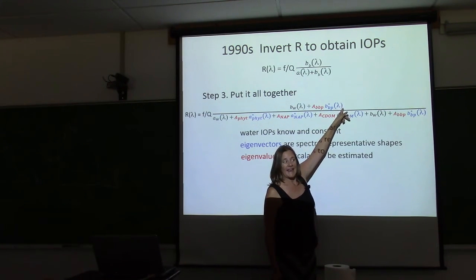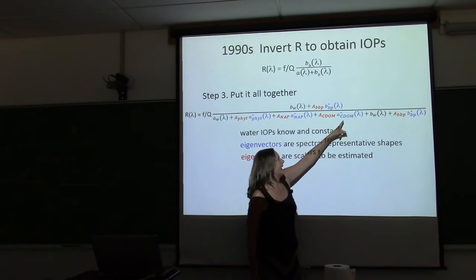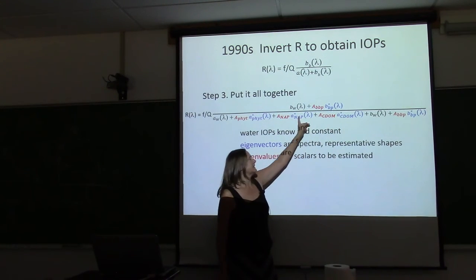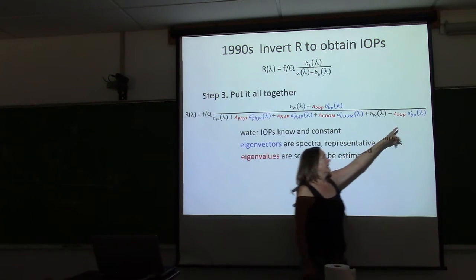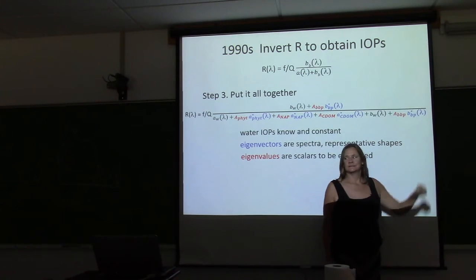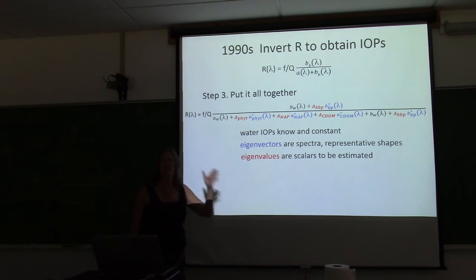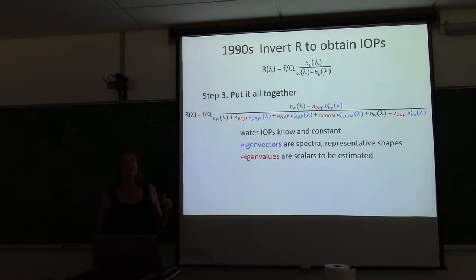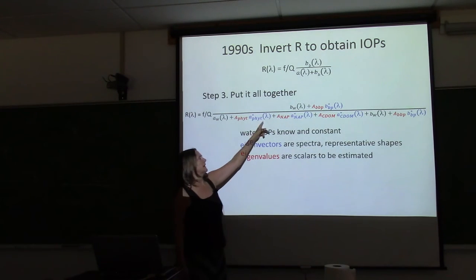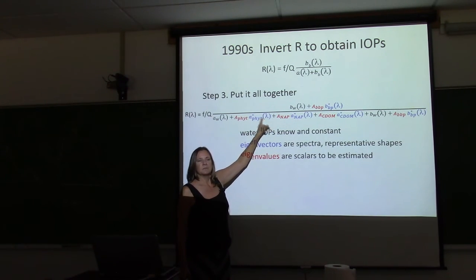So we can do an analytic function for that, an analytic function for this, an analytic function for this, an analytic function for this, semi-analytic. This is where it comes from, because those are all just math functions. The empirical part is, what's our slope going to be? And what's our phytoplankton absorption spectrum going to be? That's the empirical part.